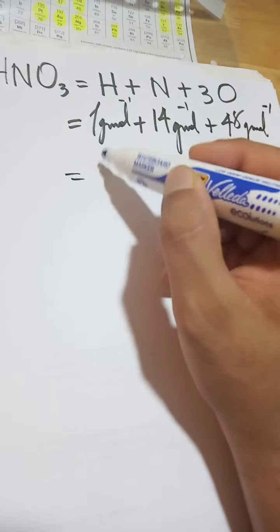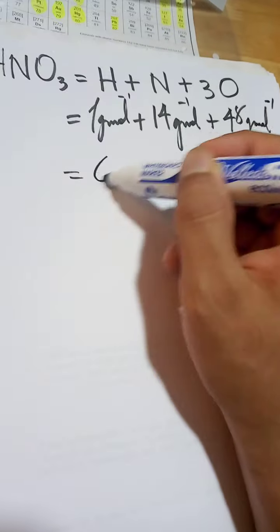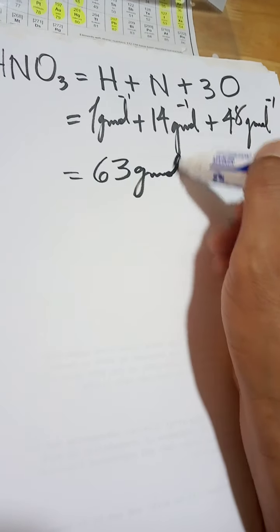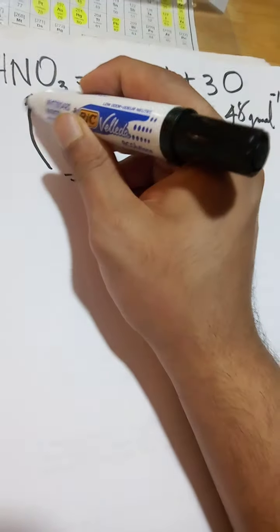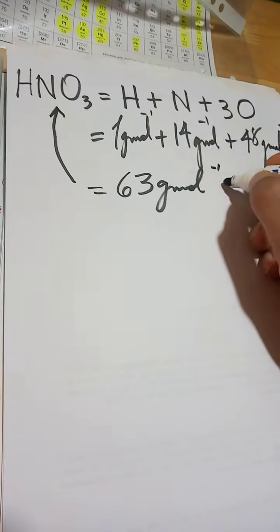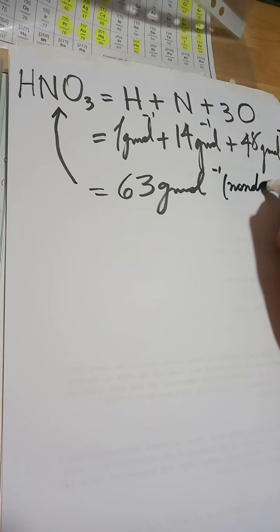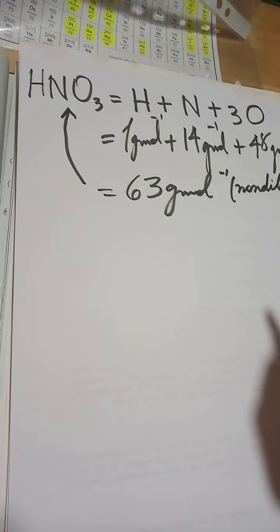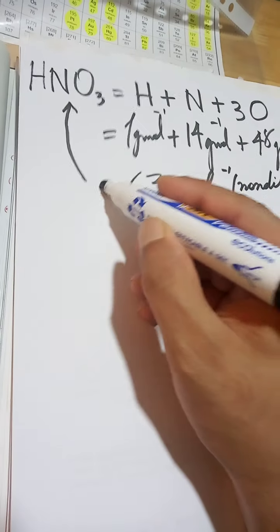So that's 15, and that'll be 63 grams per mole. So 63 grams of pure non-diluted nitric acid would constitute 1 mole of nitric acid.